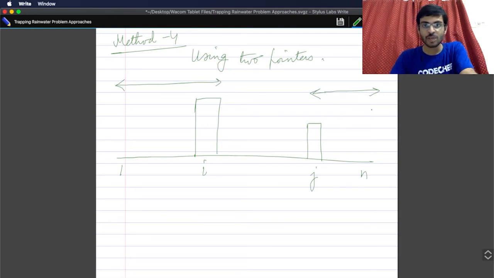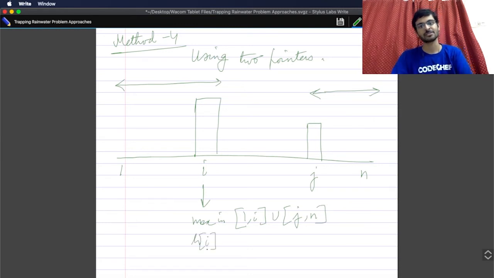In this range union this range, this is my maximum element, so this is the max in 1 to i union j to n.